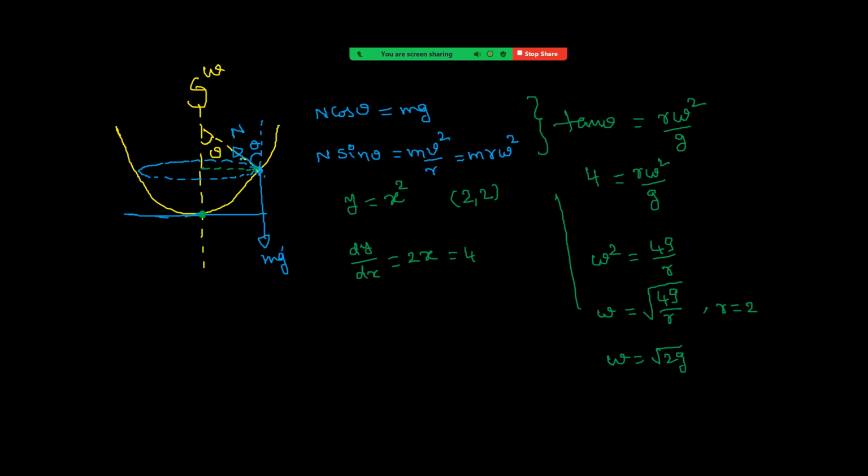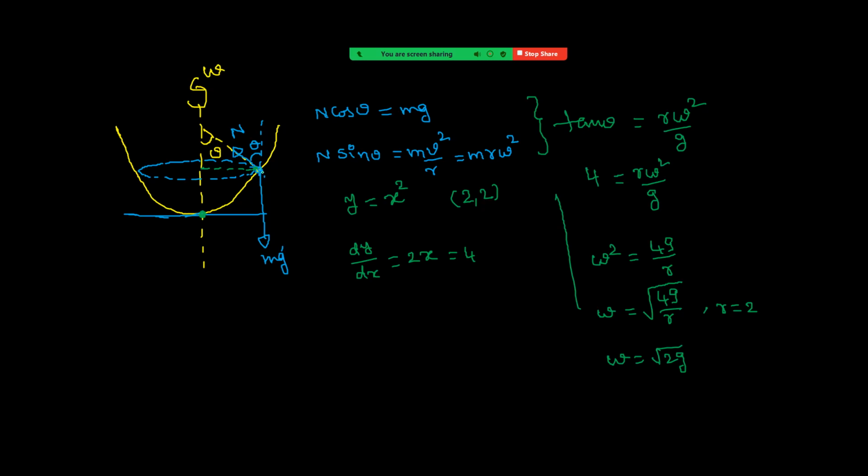Next, we have to focus on which force or forces are providing centripetal force. So here, one component of normal reaction is providing centripetal force. Or we can say the same thing as the resultant of normal reaction and gravitational force is providing centripetal force.